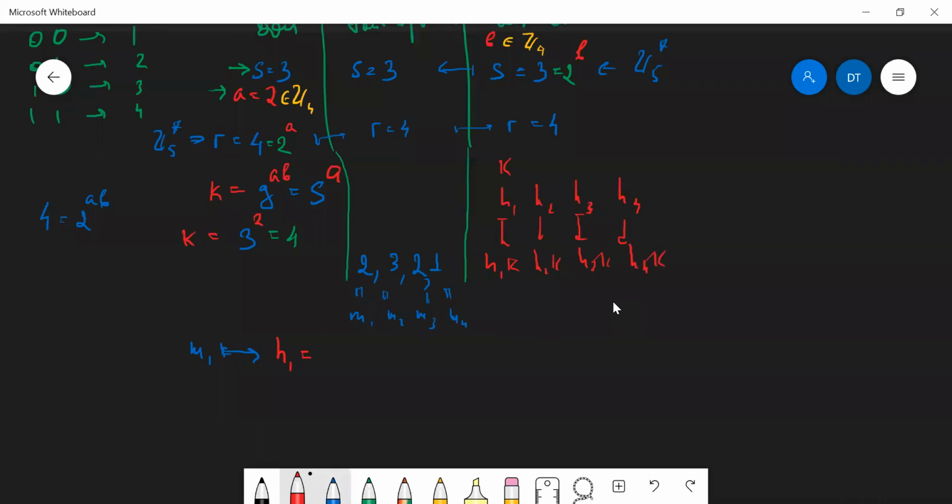And these are your elements M1, M2, M3, and M4. So M1 is H1 times K. If we want to recover the element H1, we must multiply by K inverse. So this will be M1 times K inverse.